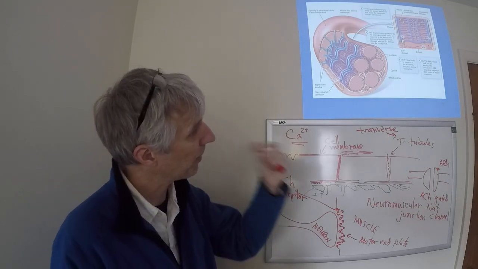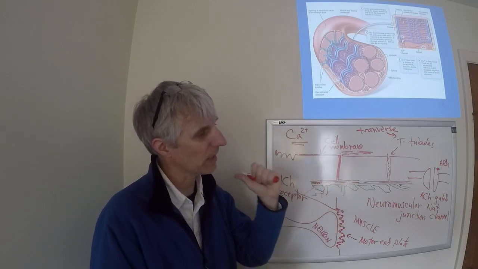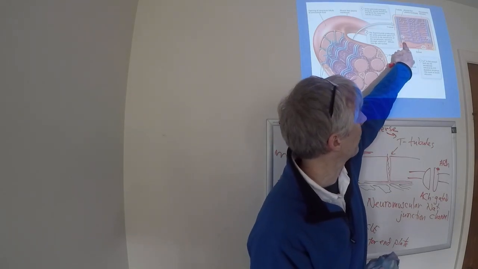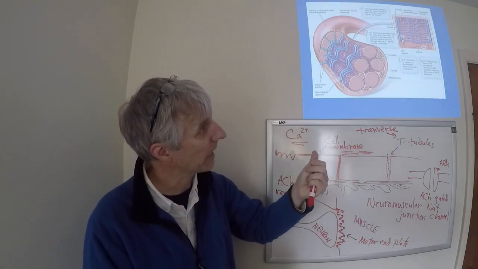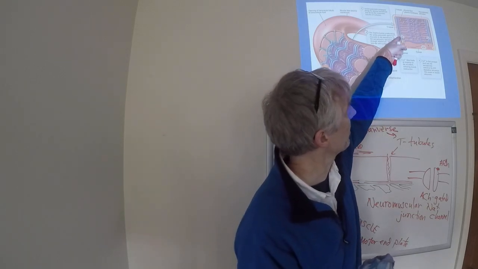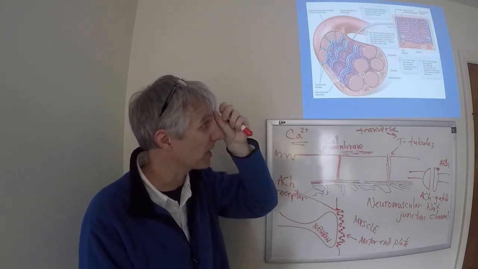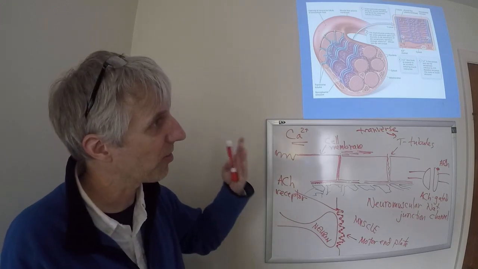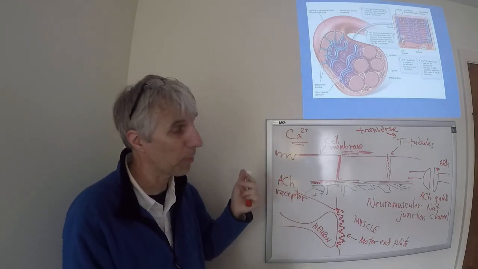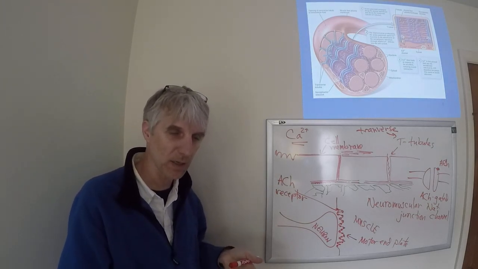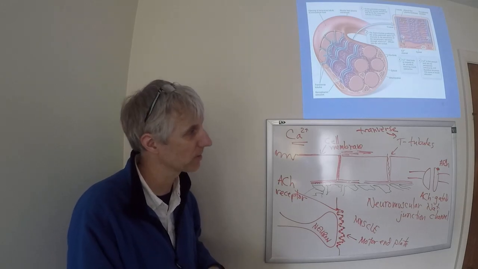So we're going to pop open these calcium channels that are voltage gated. That's shown right here. The voltage gated calcium channels pop open. Calcium comes screaming out of the sarcoplasmic reticulum into the cytosol, and now that calcium is what's going to bind to the troponin to pull the tropomyosin off of the actin myofilaments.